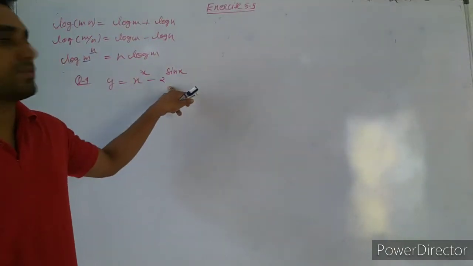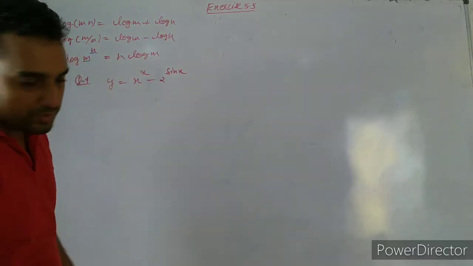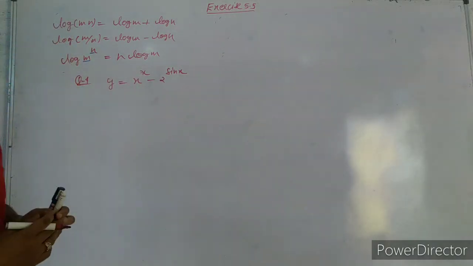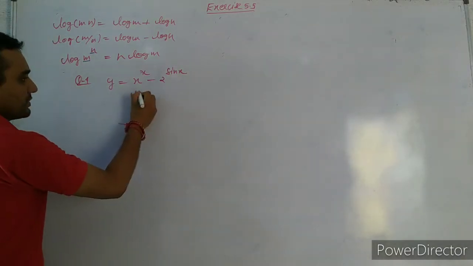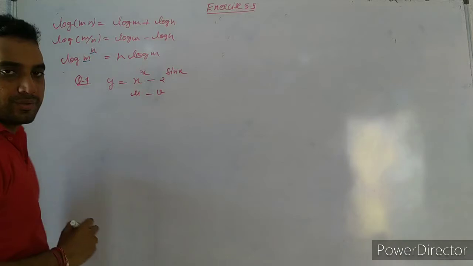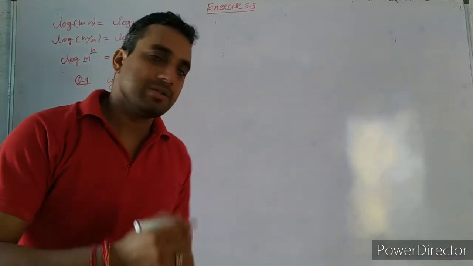Now we are going to solve this question. Before solving it, I am splitting this question into two parts. The first part is u and the other part is v.